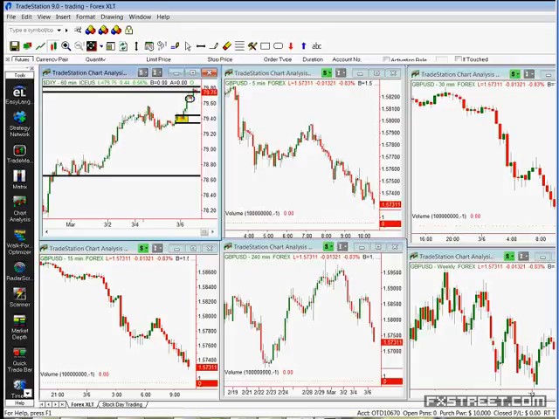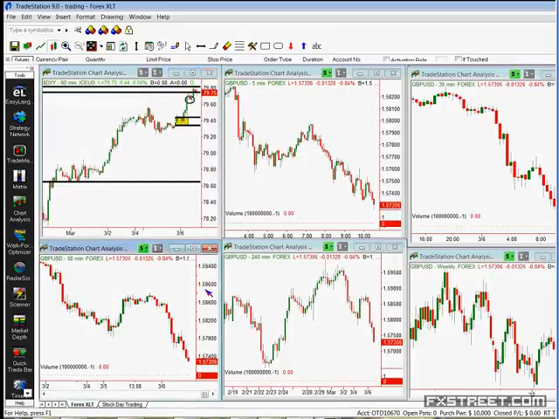Okay, the pound. I'm going to come down to a 60-minute chart. That should show it pretty good. On the 240 there in the middle, we see price is right in the middle of those two larger time frame areas of demand.